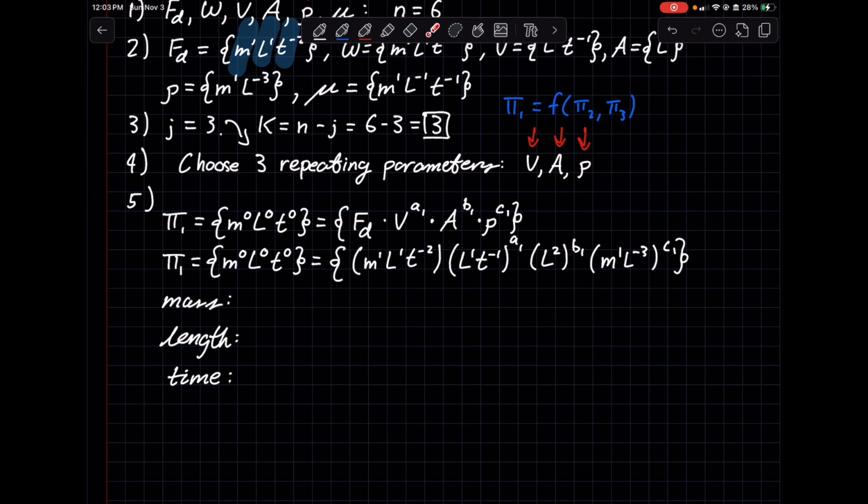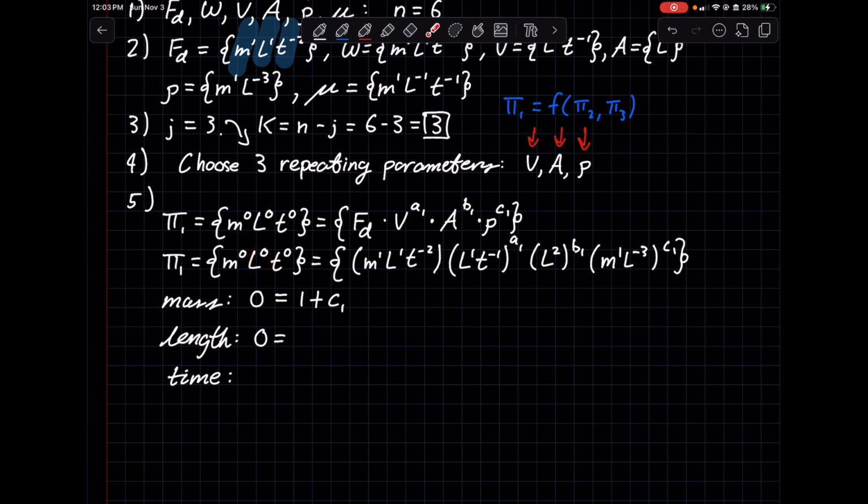And we can do this because everything in the masses will share a common base from our exponent rules. So we would have 0, which is coming from right here, is equal to 1. And then A1 doesn't have any mass, B1 doesn't have any mass, and C1 does have 1 mass right here. So this would be 1 plus C1. Our length is the exact same process.